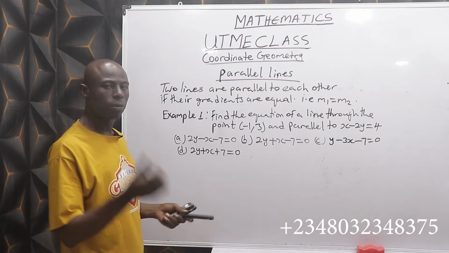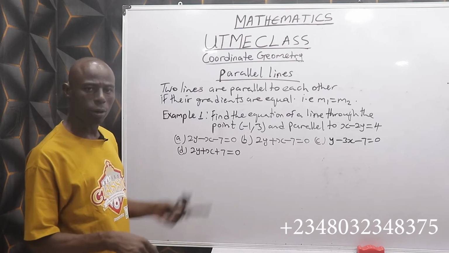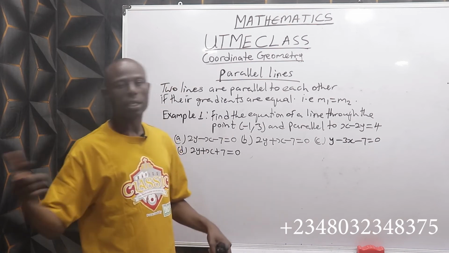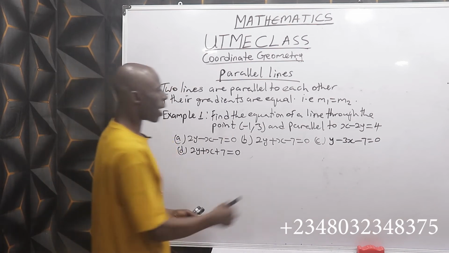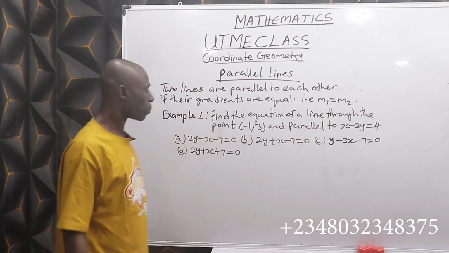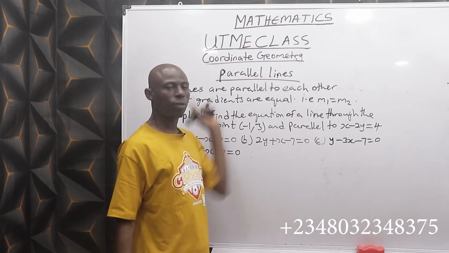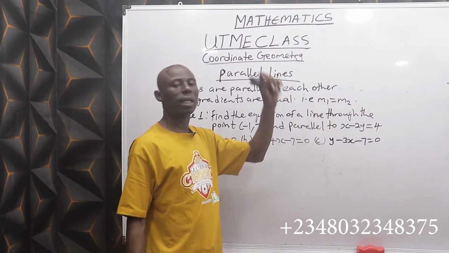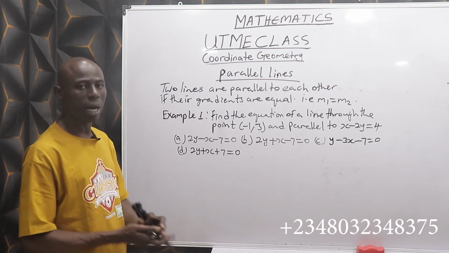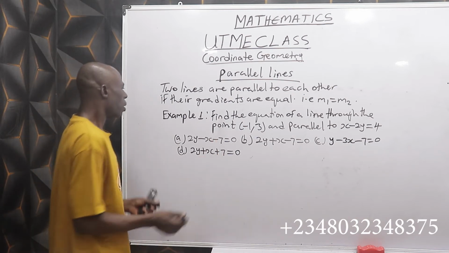The gradient m1 of the first equation must be equal to the gradient m2 of the second equation. That's why we write m1 is equal to m2. They must be equal if truly the equations are parallel to each other.